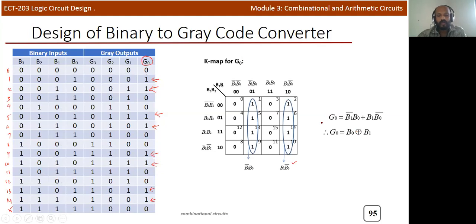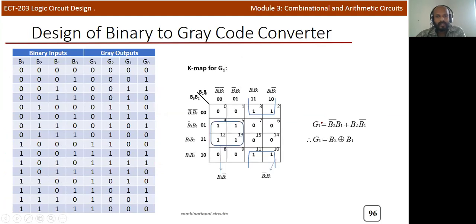Okay. Now we can design the next output line, that is G1. Again, you can use the same concept, but instead of G0, you need to check G1. G1 is equal to 1 for 2, 3, 4, 5, 10, 11, 12, 13.